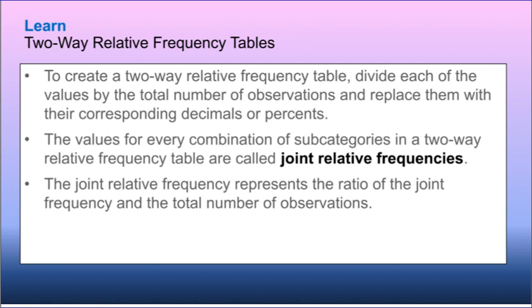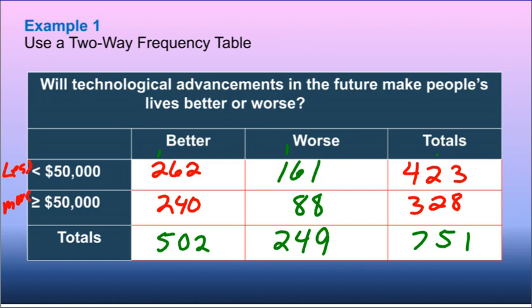What does that say? If I go back to one of these two-way frequency tables, they're saying to find the less than 50,000 better, we would need to divide this by the total of those people who had less than $50,000. So this would be over 423. And this would also be over 423. And then this row would be all over 328.